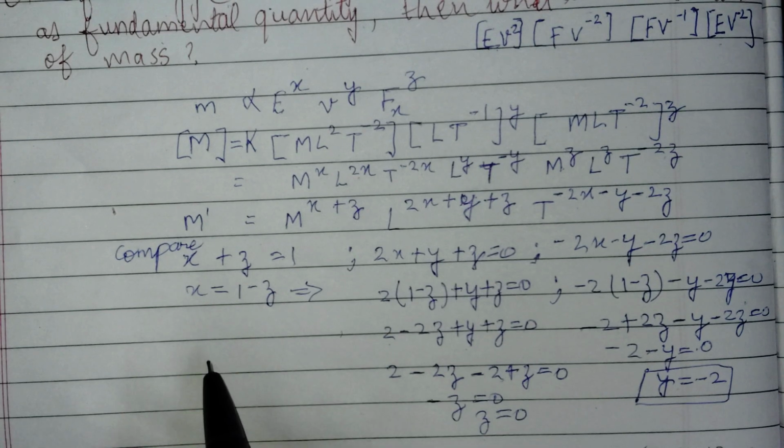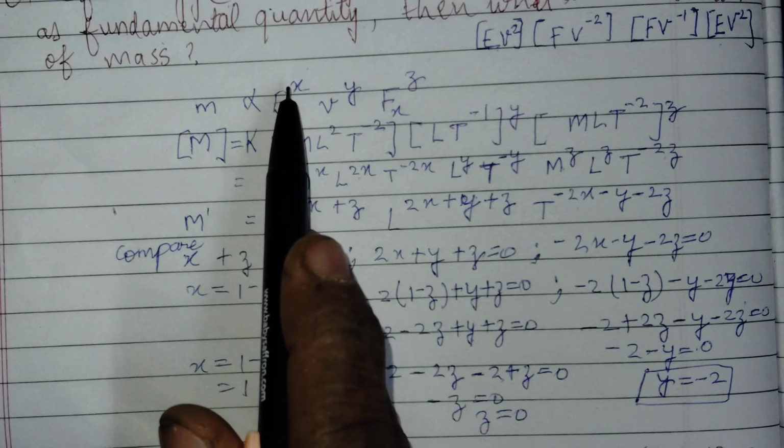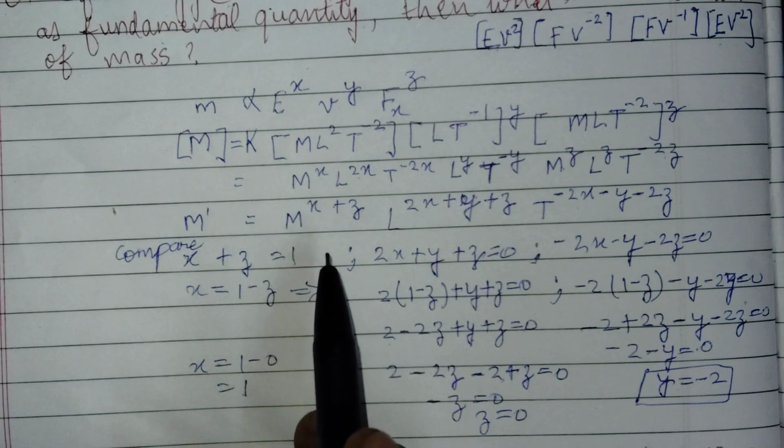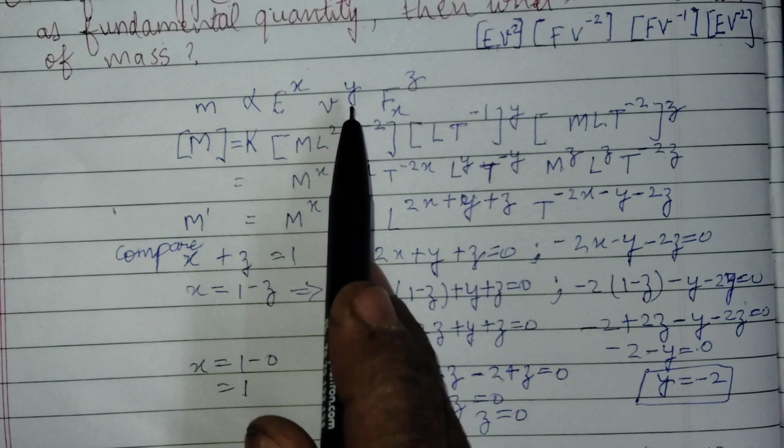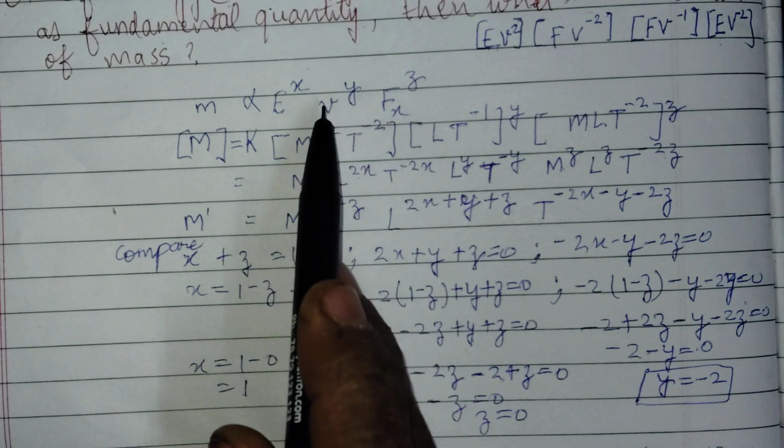Plugging the z value into the first equation, we get x equal to 1 minus 0, that means 1. Therefore, in our main equation, x is 1, y is minus 2, and z is 0.